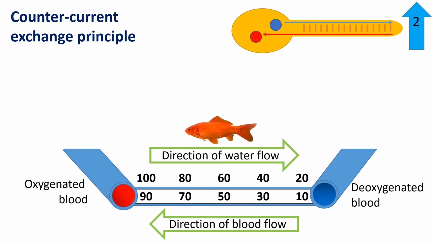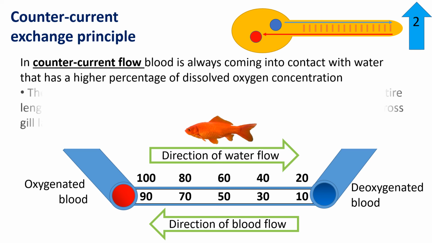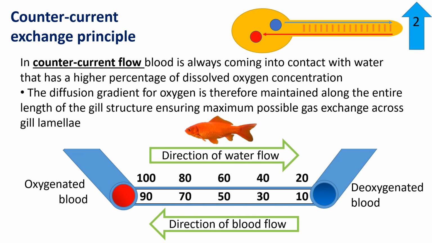So by the time we get to the end of the lamella, we have a much higher oxygen concentration in the blood compared to if we'd done the parallel flow. So the countercurrent system is the actual system that's used to maximize the amount of oxygen that is absorbed. It may not be as fast, but we get a lot more oxygen in there.